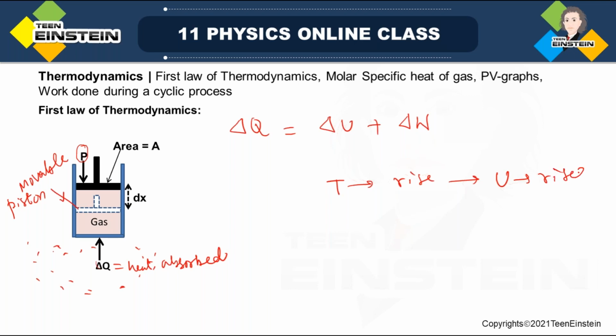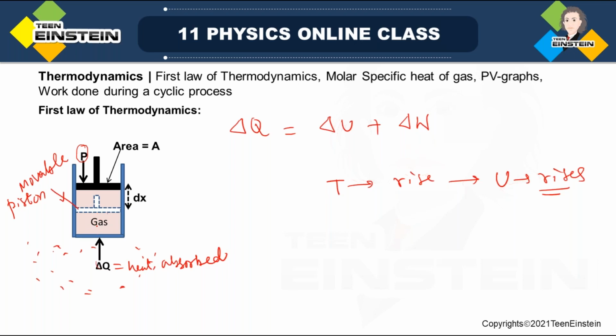Internal energy rises. Another option is that, because the kinetic energy of the gas increases, the molecules will exert pressure on this piston. Suppose this is the initial position of the piston.